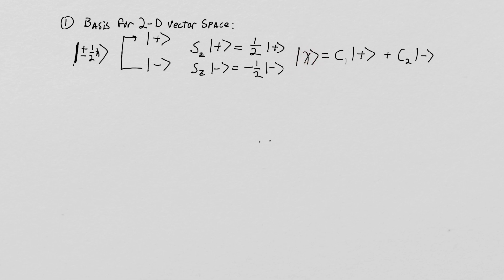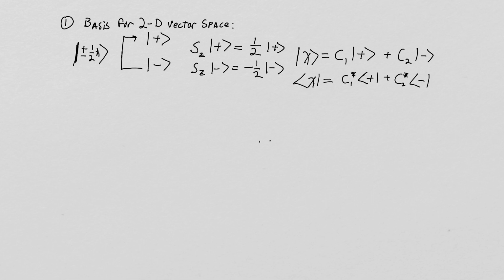Now notice I use chi here. Chi is a very popular symbol for a Pauli two-component spinor, and it shows up a lot in the study of supersymmetry. They use chi, they use psi, and I think zeta are popular. But anyway, we're going to go with chi for now to get familiar with these particular Greek letters.